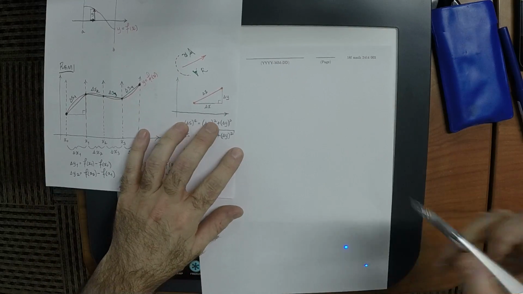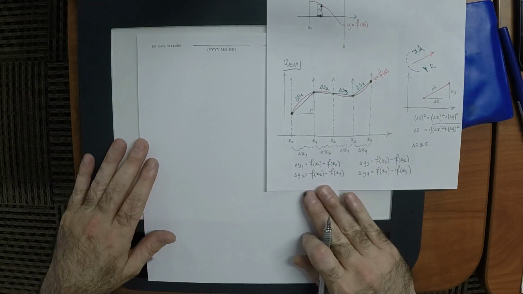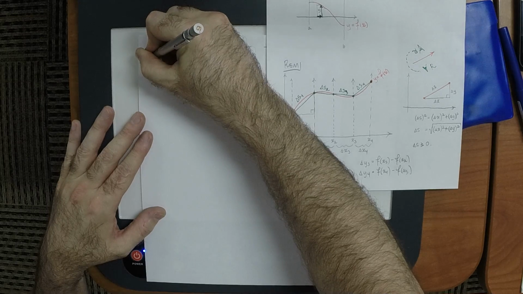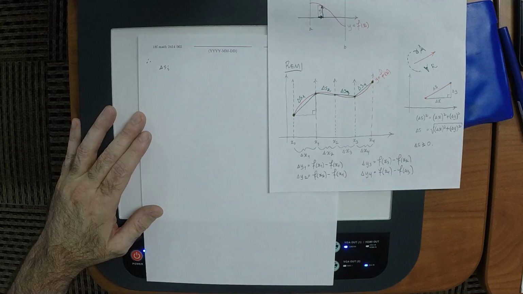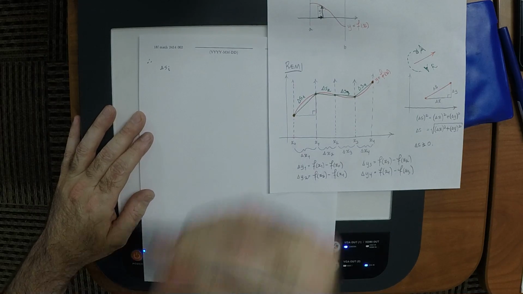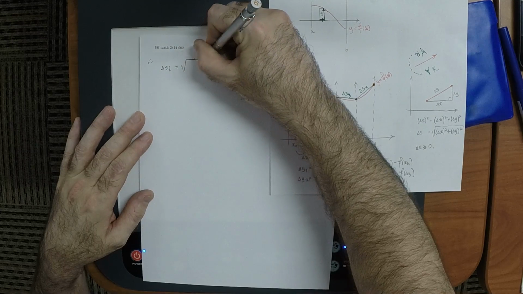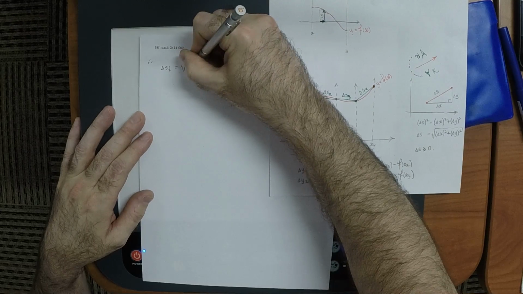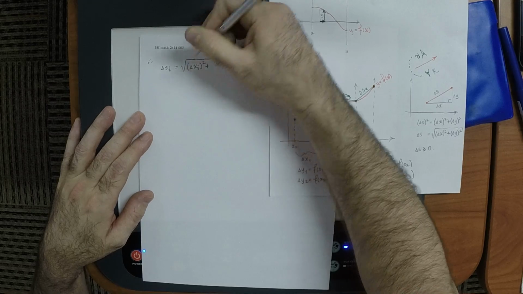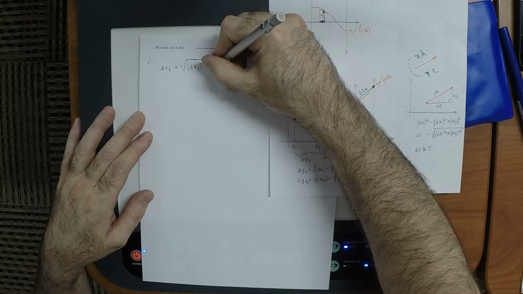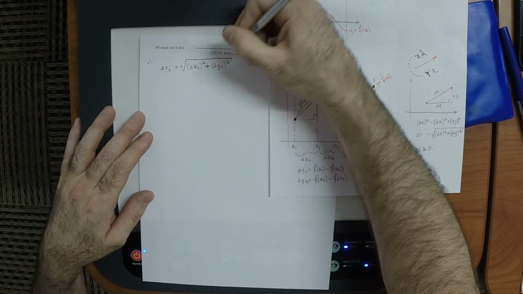So using that notation, I could say, therefore, delta Si needs to be the square root of delta xi squared plus delta yi squared, like that.